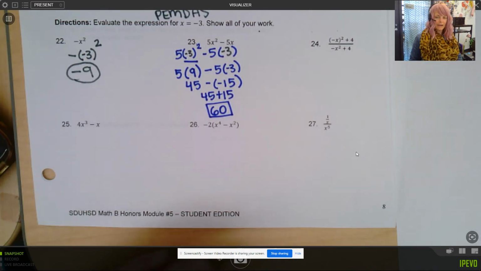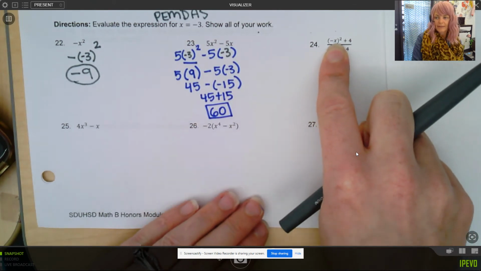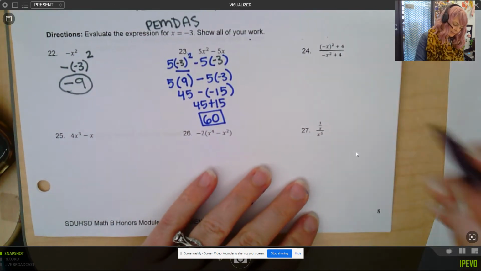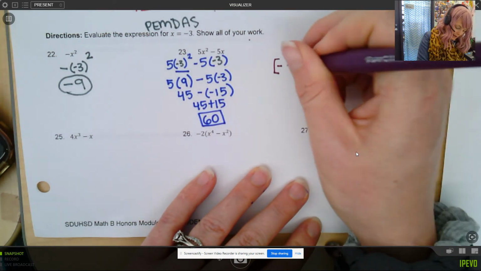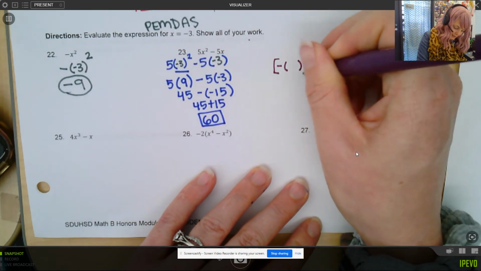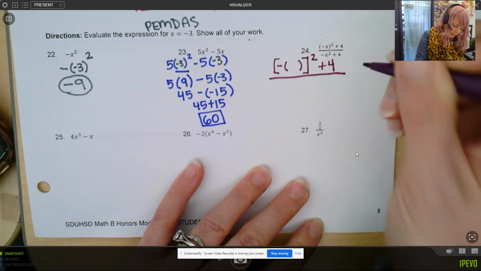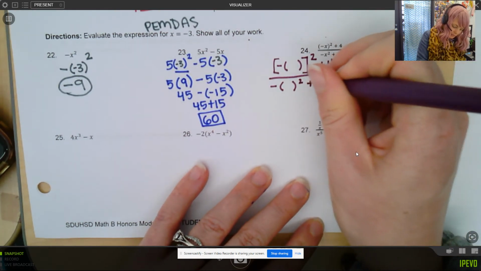What we need to be really careful about is parentheses, because sometimes we'll have double parentheses. If you're putting parentheses inside parentheses, it's really nice to change those original parentheses to brackets to communicate this. So here I'm going to rewrite this as brackets, negative, and then parentheses around my x, brackets, and then squared, plus 4, over negative parentheses squared plus 4.